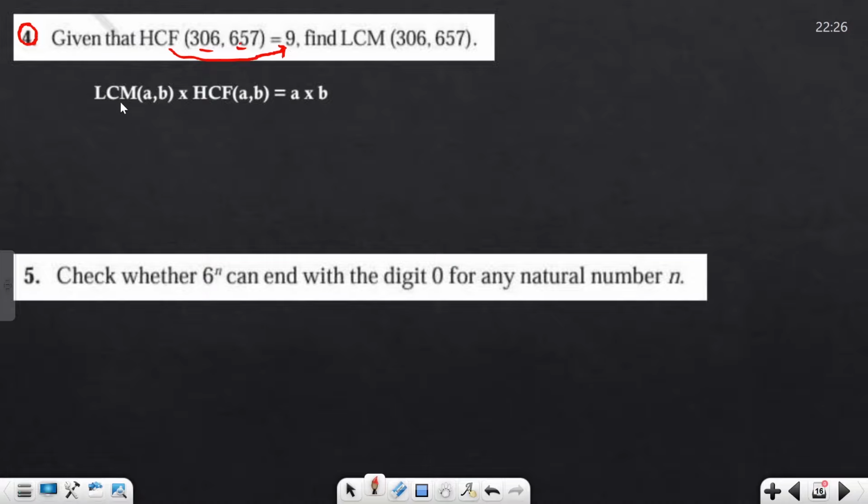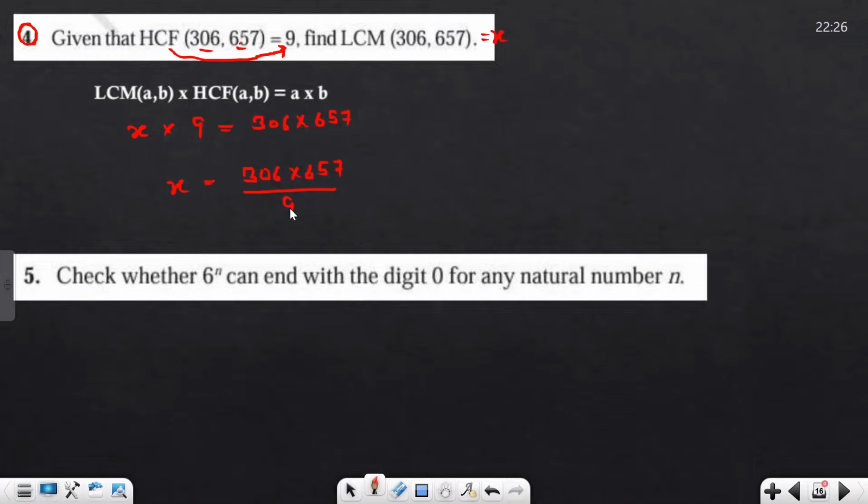So the formula is LCM of A, B into HCF of A, B is equal to A into B. Now put the values. Let the LCM value be X. So we put X, multiply HCF which is 9, is equal to A which is 306 into B which is 657. Our target is X, the LCM. So 306 into 657 divided by 9.